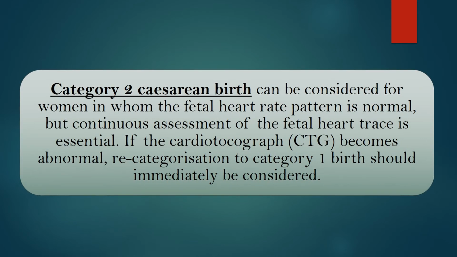Category 2 cesarean birth can be considered for women in whom the fetal heart rate pattern is normal, but continuous assessment of the fetal heart trace is essential. If the cardiotocograph or CTG becomes abnormal, recategorization to Category 1 birth should immediately be considered.